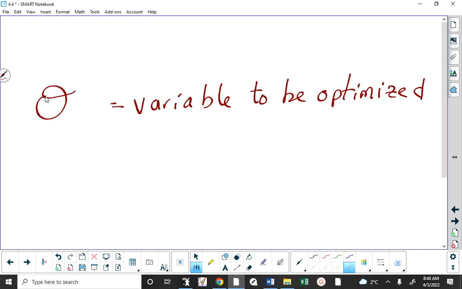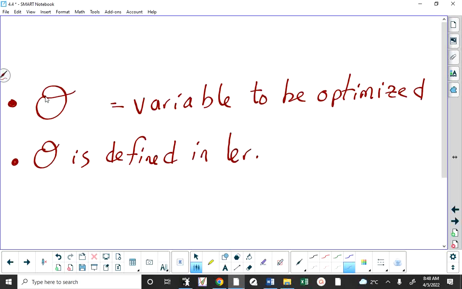If O is the variable to be optimized, and O is defined in terms of X. I know I said yesterday to avoid using X as a variable, but maybe I'll amend that. Yesterday, I believe I said avoid using X and Y as variables.